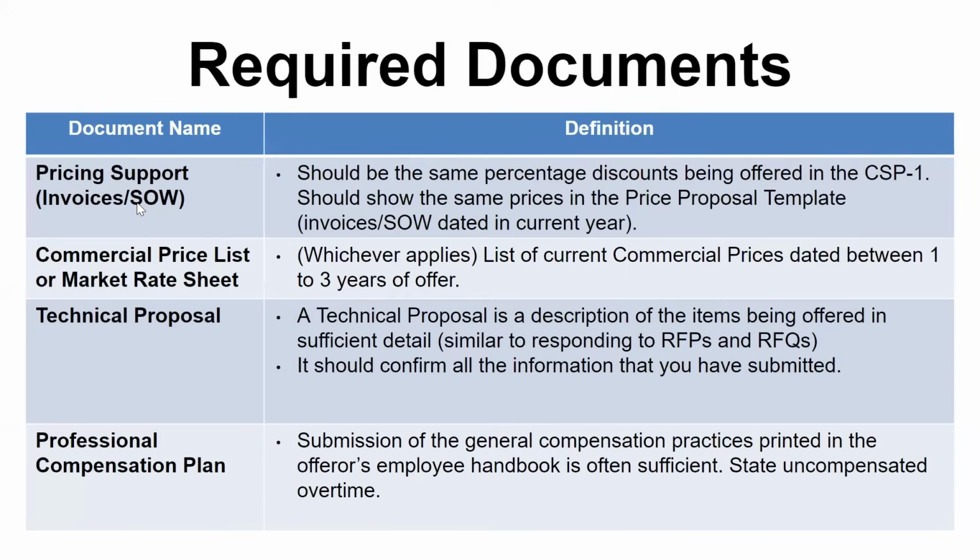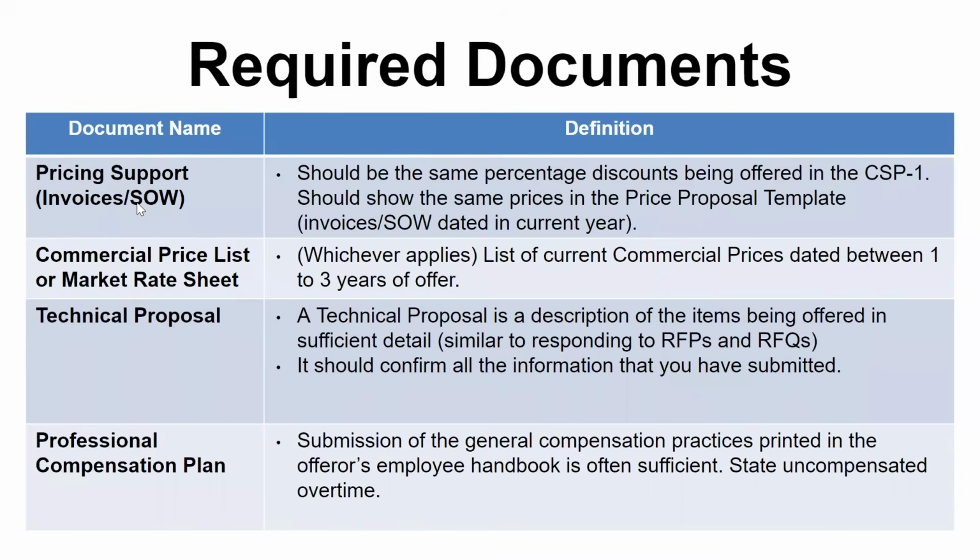The point that I want you to take from this is whatever you put as your commercial prices in your CSP1, your discount prices in your price proposal document, it has to be verified, make sense, and be in your pricing support, where you're providing your invoices and your market rate sheet.